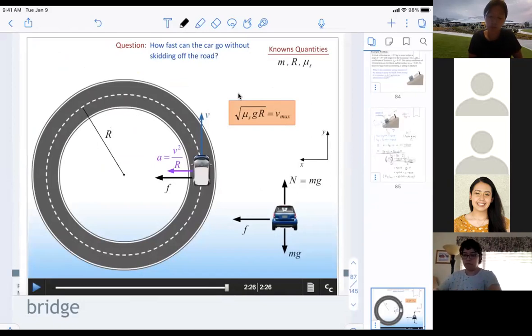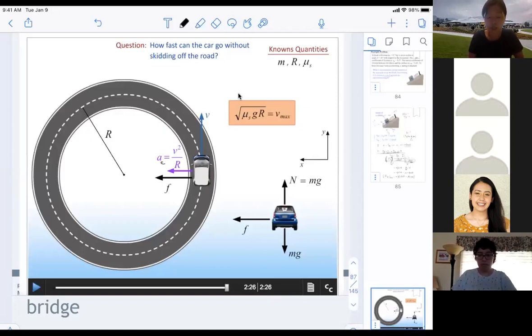When we are going around a circle and we have a centripetal acceleration, we know that already. Even though we're not changing the speed of our car, we are still changing the velocity of the car. So we do need a centripetal acceleration pointing toward the center, which means the total force acting on the car has to be pointing toward the center of the track.